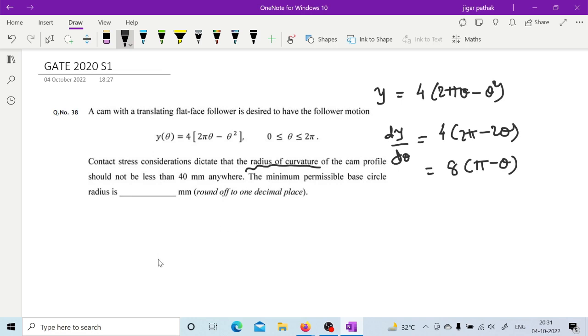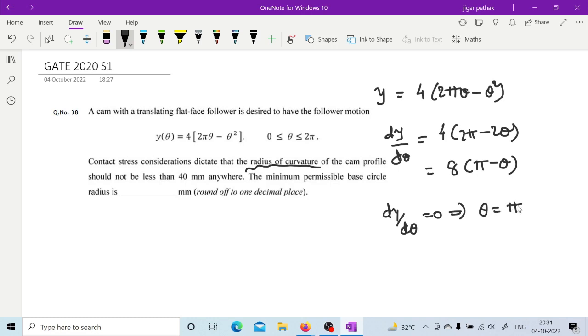Now in order for y to become maximum, dy by d theta must be equal to 0. If you do that, the condition is theta is equal to pi.